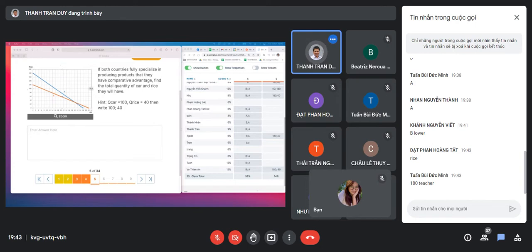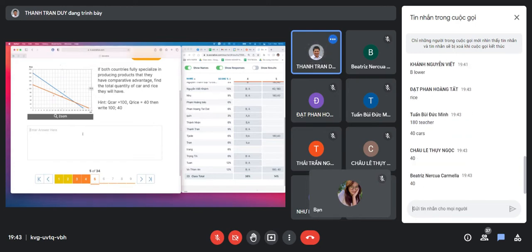car, right? And how many cars? So the answer should be 40 and 180.